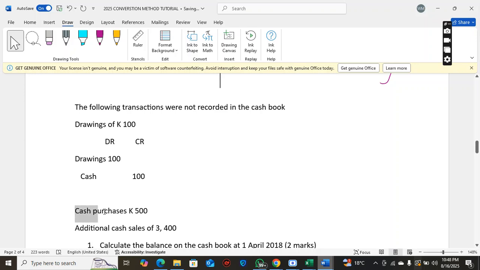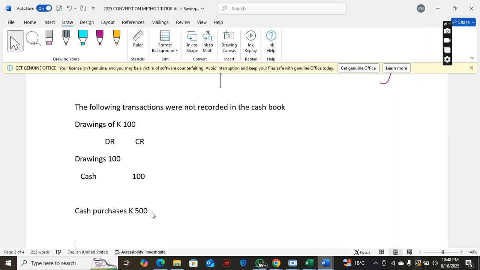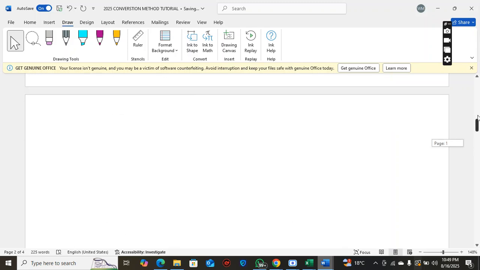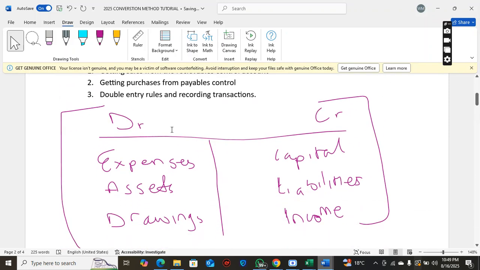Okay. We have cash purchases of 500 kwacha. What is the journal entry for cash purchases? That is correct. Purchases is an expense account. Increase in expenses, you debit. Cash is an asset, and since we are paying out cash, we have a reduction in an asset, so we credit.